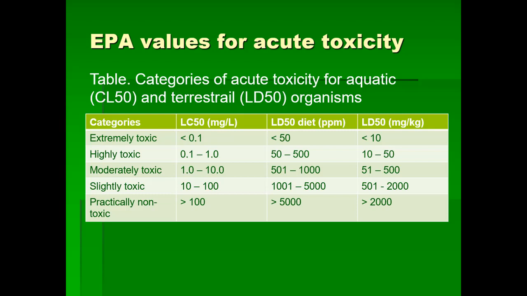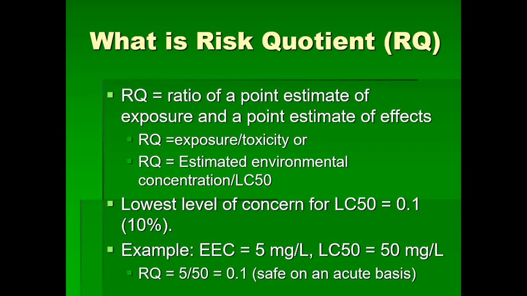On this table, the acute toxicity is included for aquatic organisms, which is expressed in terms of the lethal concentration that kills 50% of a population. And for terrestrial organisms, they use the LD50 in the diet or on a milligram per kilogram basis. Next, they will estimate the risk quotient to come up with an ecological risk assessment.